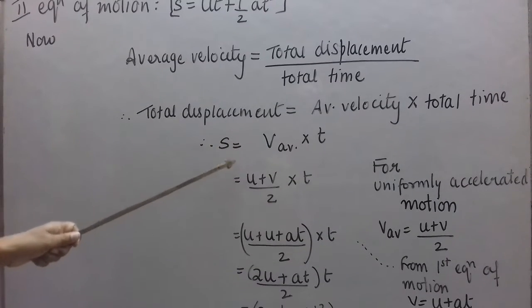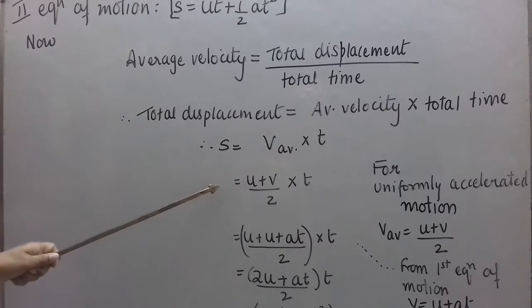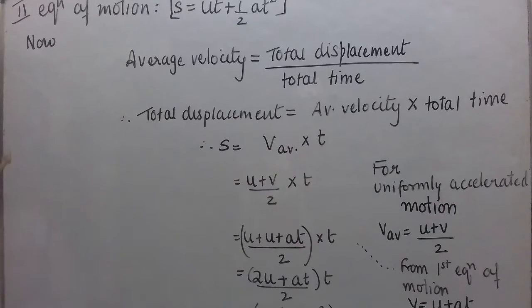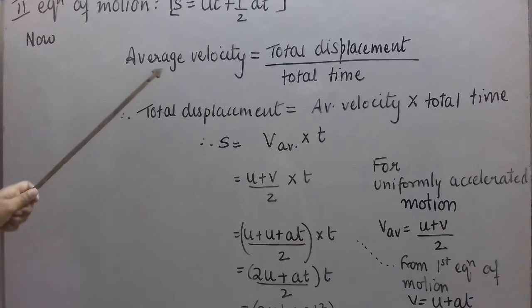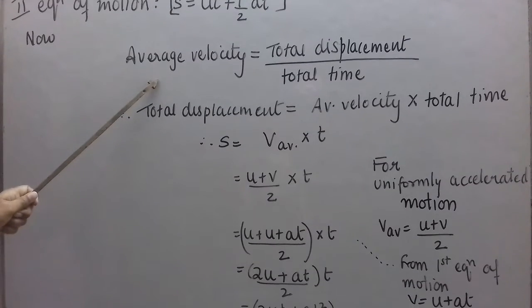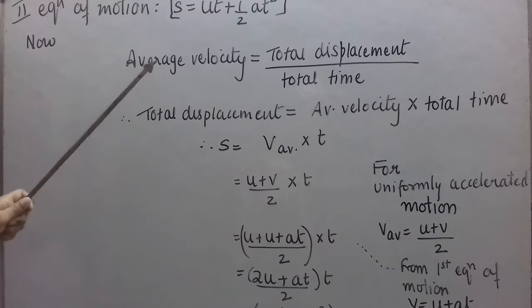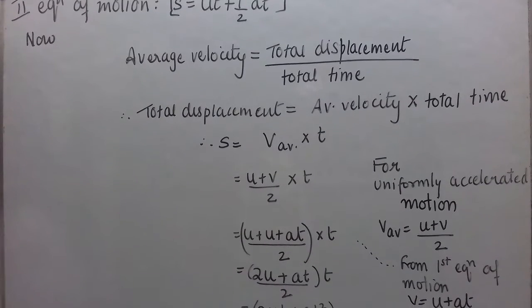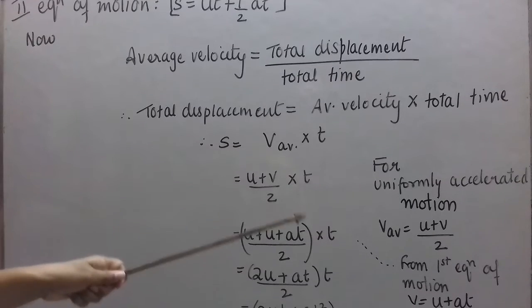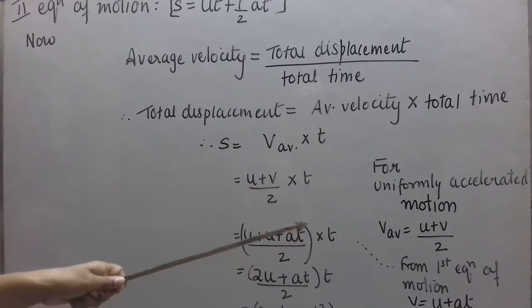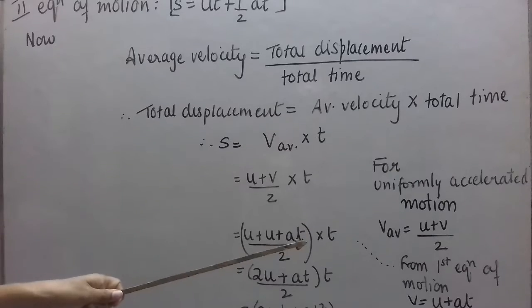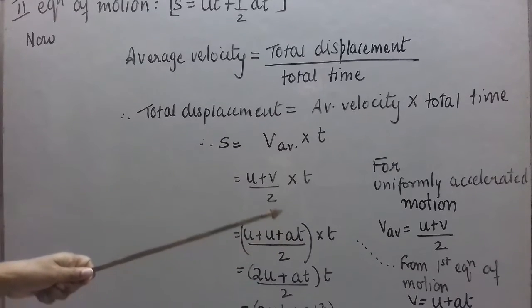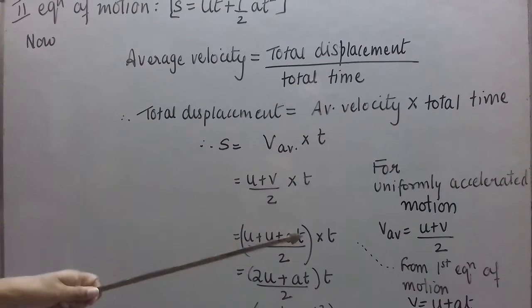Now for average velocity, I have not told you before because there was no requirement, but you should know that this is one basic formula for average velocity which is valid for all kinds of motion. But for uniformly accelerated motion, there is one special formula for average velocity, that is V average is (u plus v) divided by 2, where u is the initial velocity and v is the final velocity.